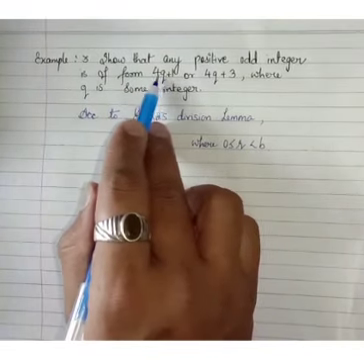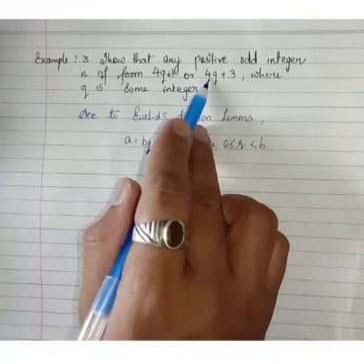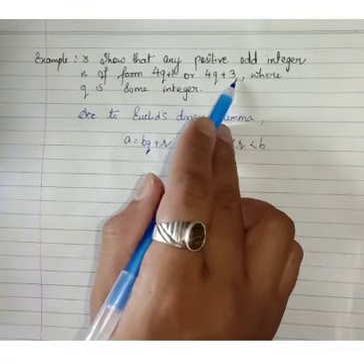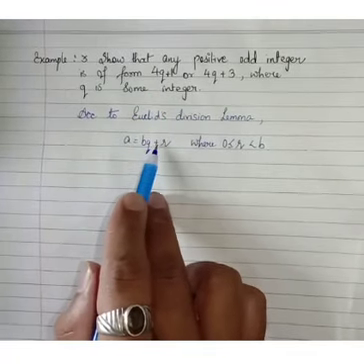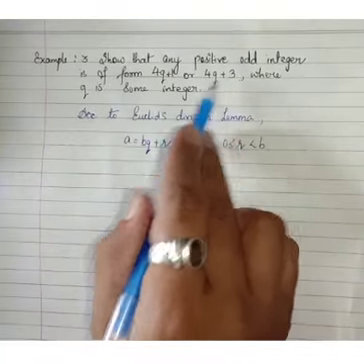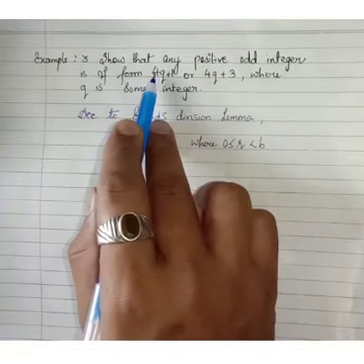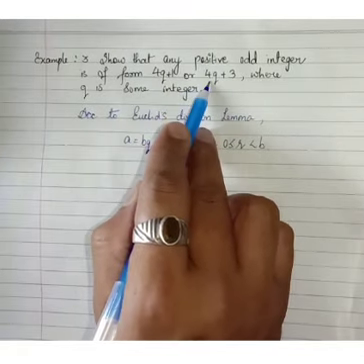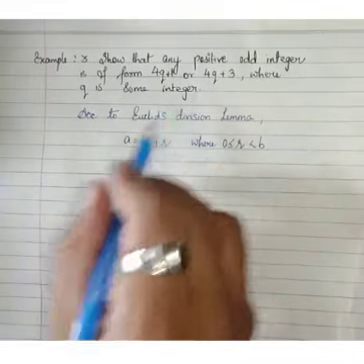So I can see here in the question we have to show that a positive odd integer is of the form 4q plus 1 or 4q plus 3. If I compare this with bq plus r, I see that r can have these values, and in bq, both these terms contain q, but they contain the value 4. That means we begin the question by taking the value of b as 4.